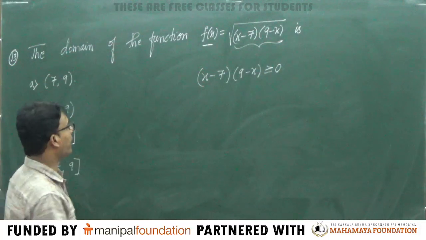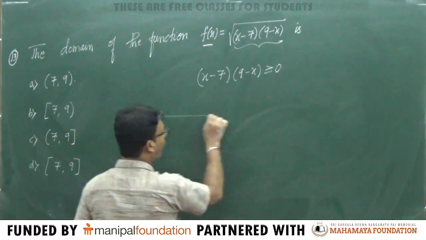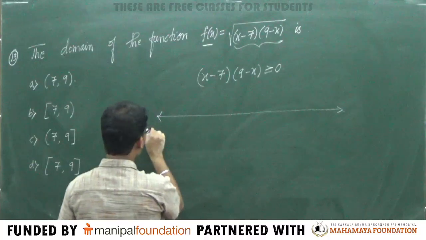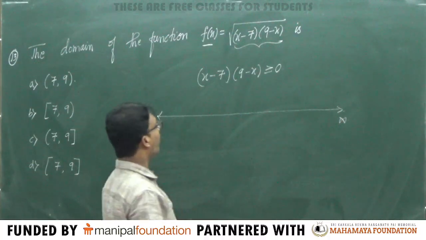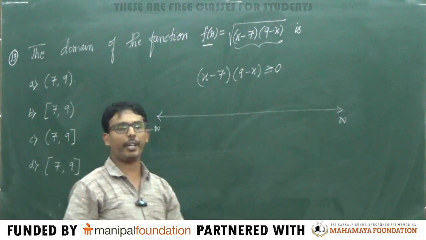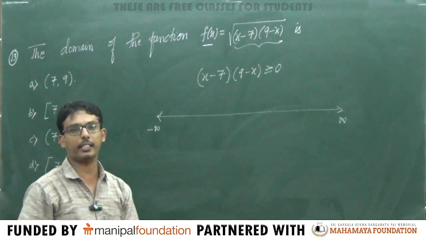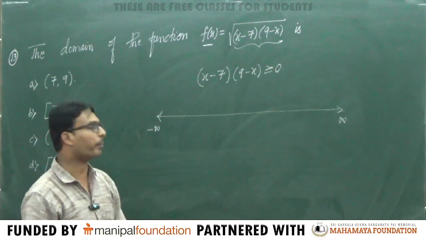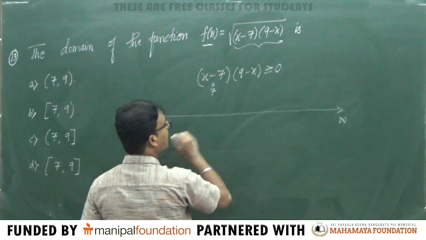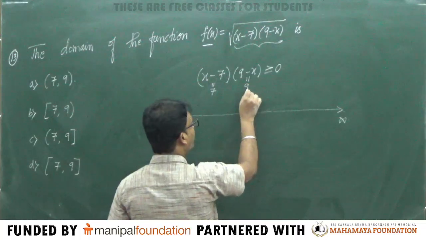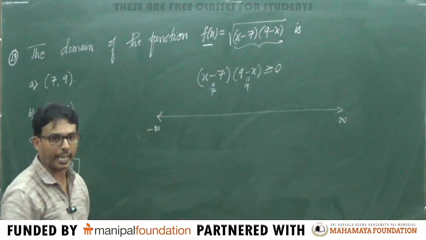Initially the domain of the given function is the set of all real numbers, that is minus infinity to plus infinity. Here we have to find the values of x for which the product of the factors is either equal to 0 or positive. We know that the first factor becomes 0 when x is equal to 7, and the second factor becomes 0 when x is equal to 9.